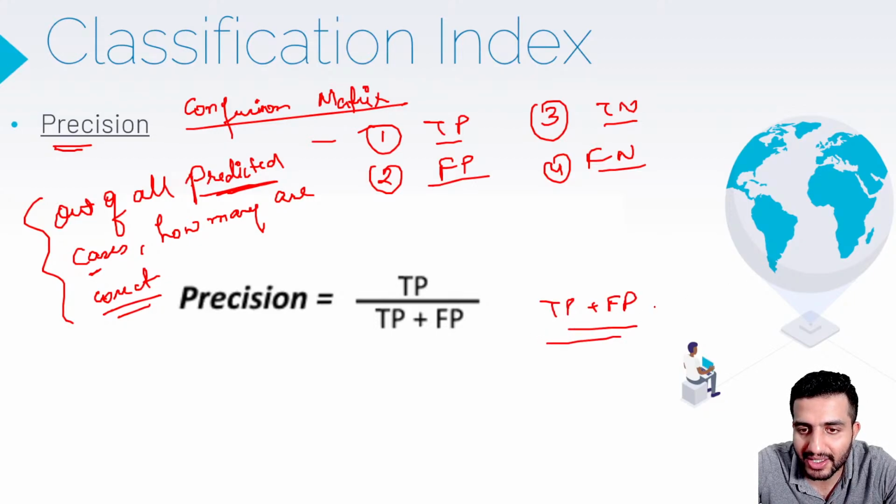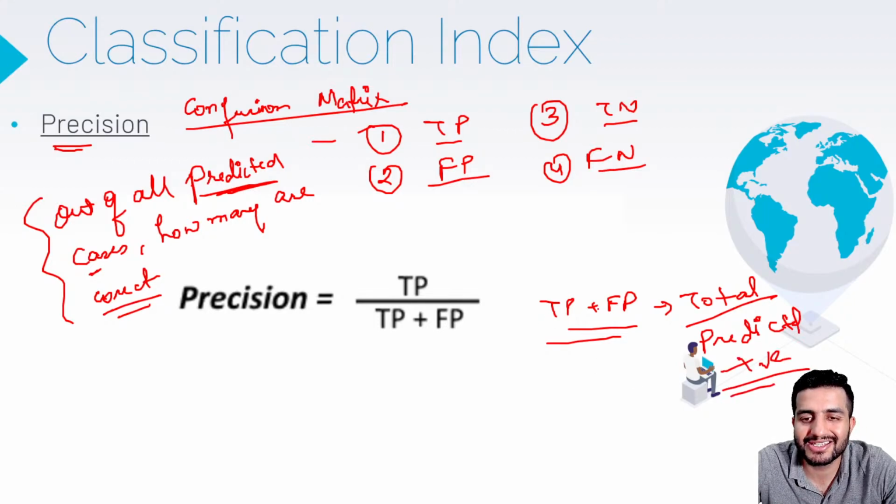This is my total predicted positive. And out of all the predicted cases, I'm now asking how many of them are correct. TP. So precision is TP by TP plus FP.